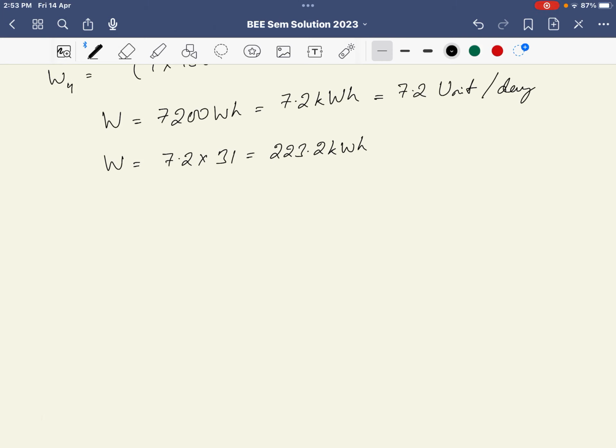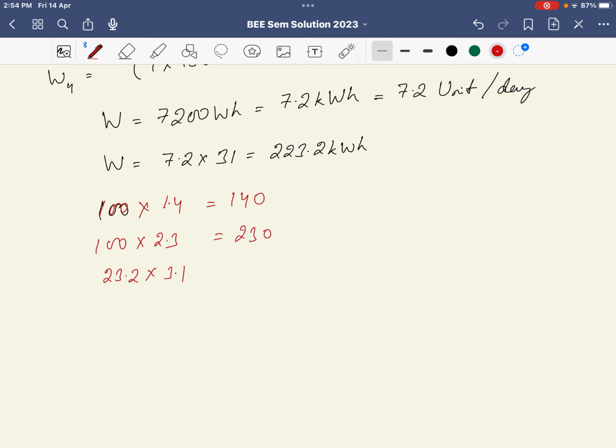Now, how do you have to pay the electric bill? As per the question, for the first 100 units you pay 1.4 rupees per unit, for the next 100 units you pay 2.3, and for the rest, 23.2 units, you pay 3.1. This is a very old tariff.